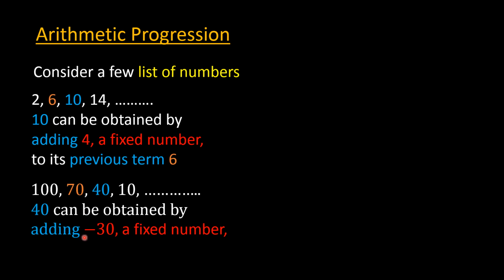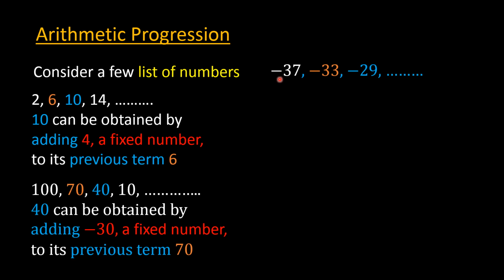So 70 minus 30 will be 40. 10 can be obtained by adding minus 30 to 40. So 40 minus 30 will be 10. 70 can be obtained by adding minus 30 to 100. So 100 minus 30 will be 70.